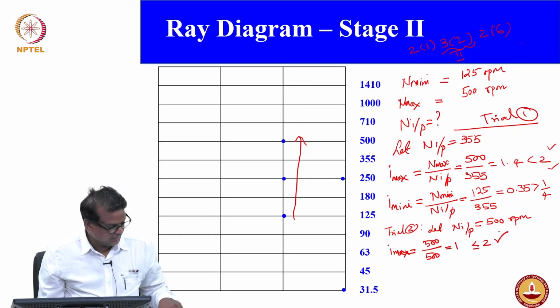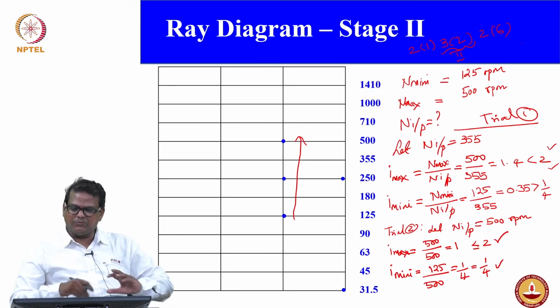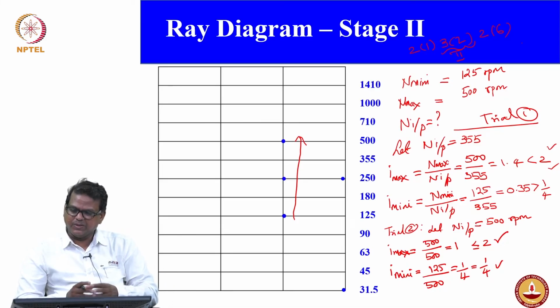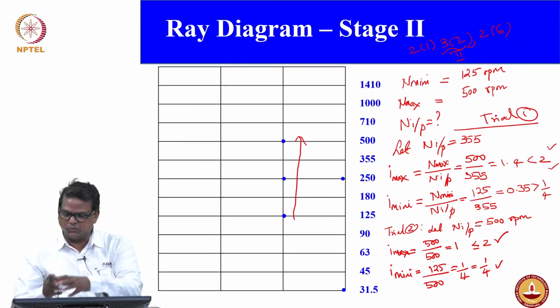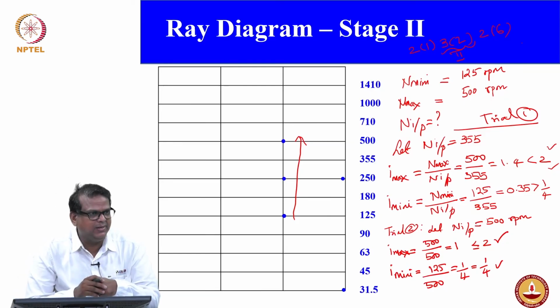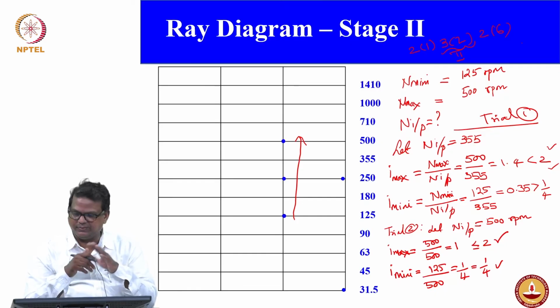Fine. N minimum for I mini will be 125 over 500. That gives me precisely 1/4. If we have two scenarios, in trial 1 we got I max 1.4, which is less than 2, correct, and I mini is 0.35, which is greater than 1/4, that is also fine.